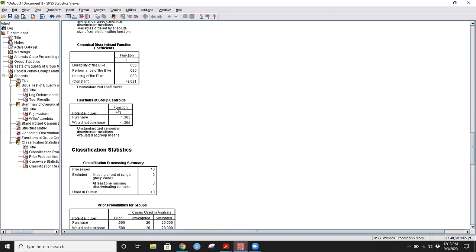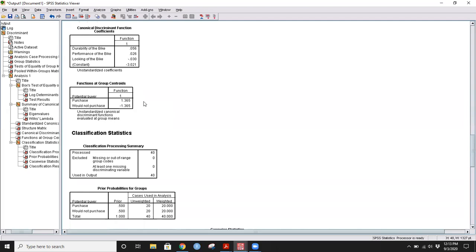The weighted average of both centroids works out to be 0, and that is nothing but the cutting discriminant score. This cutting score is going to ultimately guide the classification. Any discriminant score of an individual customer greater than 0 will be classified as a purchaser.